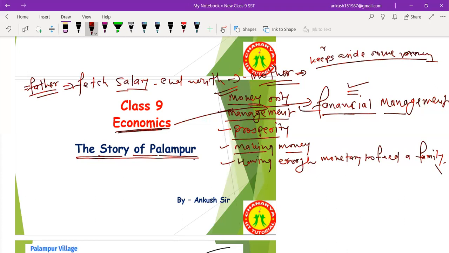What can you see there? The animals, and people mostly involved in primary activities. They don't have any kind of societies in their village. They don't have good transport facilities. They don't have good town connectivity.